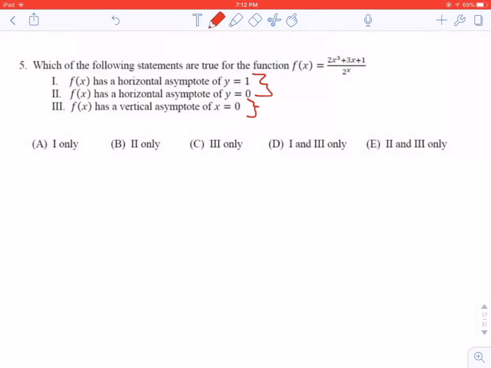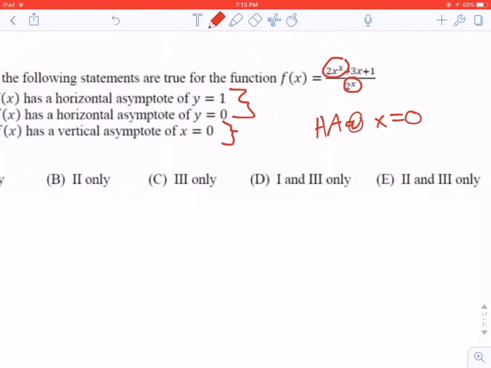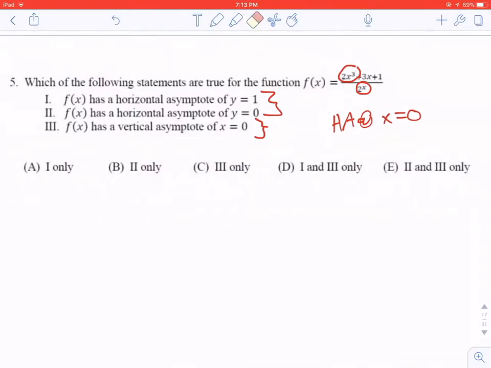As far as horizontal asymptotes are concerned, we compare the terms that make the numerator and denominator grow the fastest. The denominator in this case grows faster than the numerator because 2 to the x grows faster than x cubed. If that grows faster, that means there's a horizontal asymptote at y equals 0.